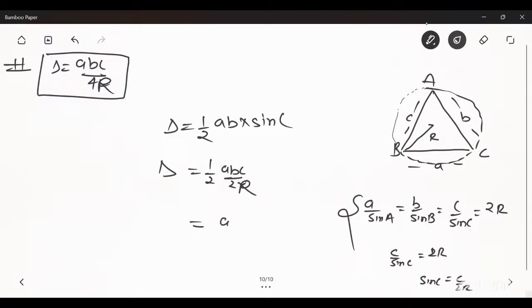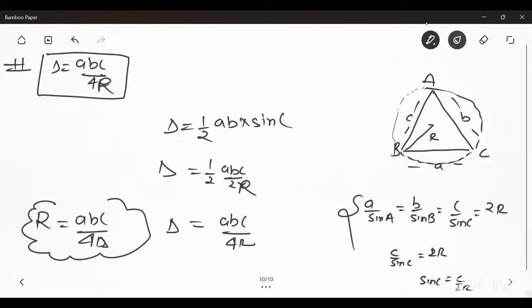So abc upon 4R equals delta. And you also know the formula that if you cross multiply R and delta, R is equal to abc upon 4 delta, the value of the circumradius. So from that formula it will come. And that was your previous year question: prove that delta is equal to abc upon 4R.